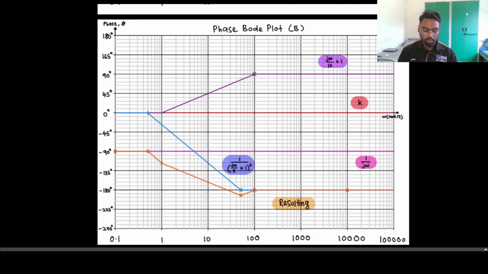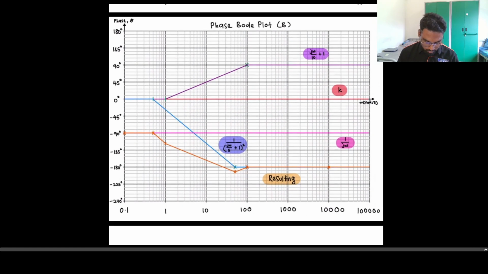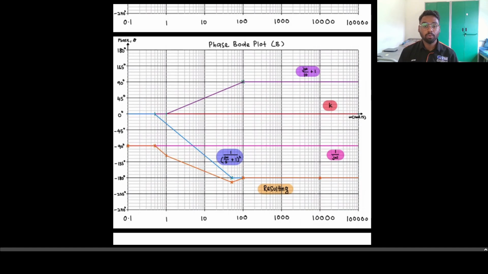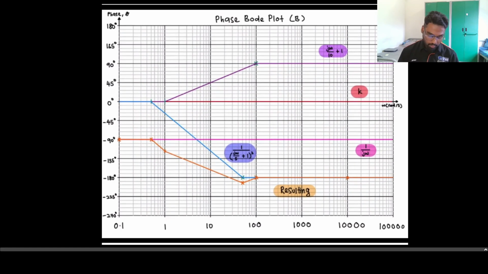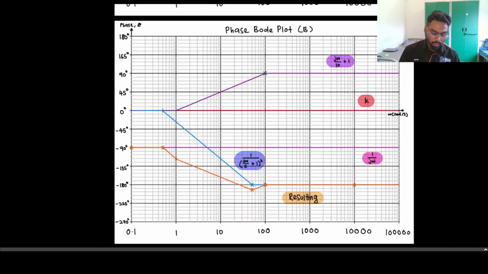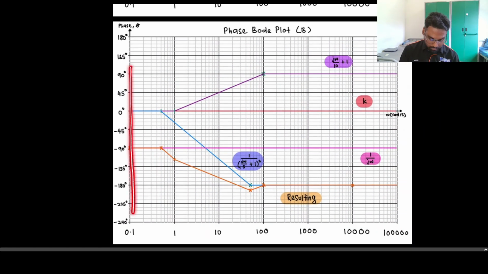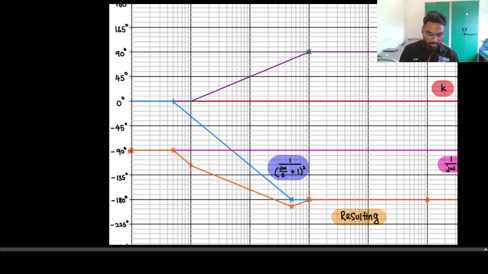Now I am going to show you how to get the resultant line. We are going to follow the same steps we used when we sketched the resultant line from the magnitude Bode plot. First we take the y-axis, which is the phase, and also the 0.1 omega. We are going to see which lines are intersecting.